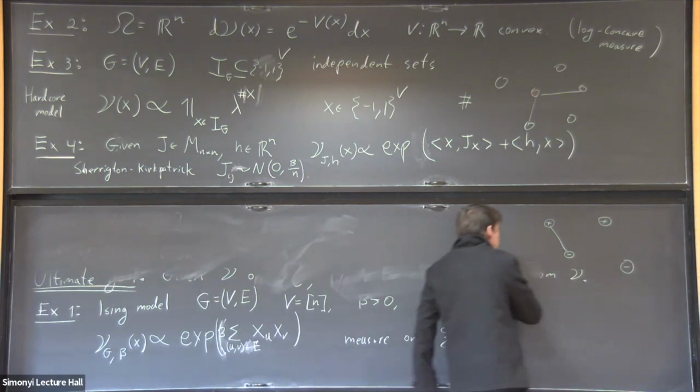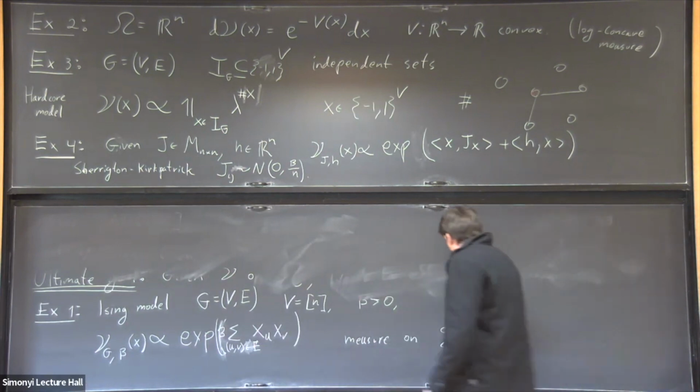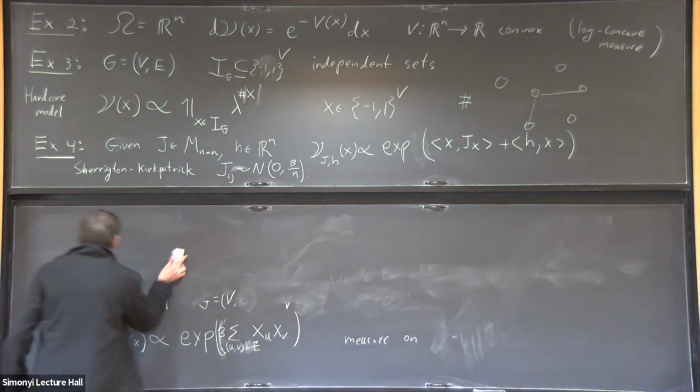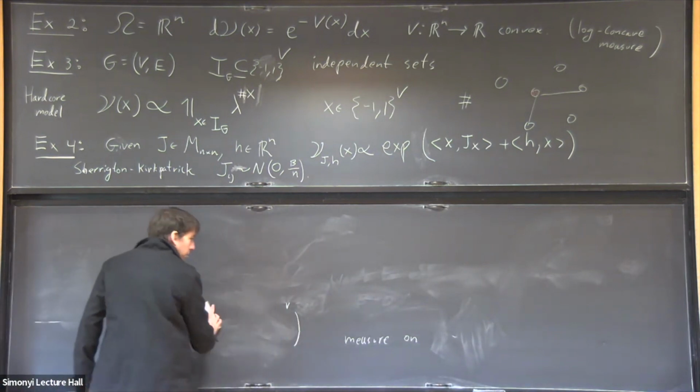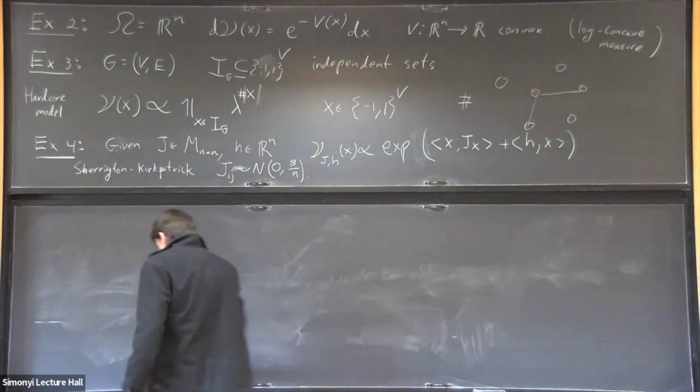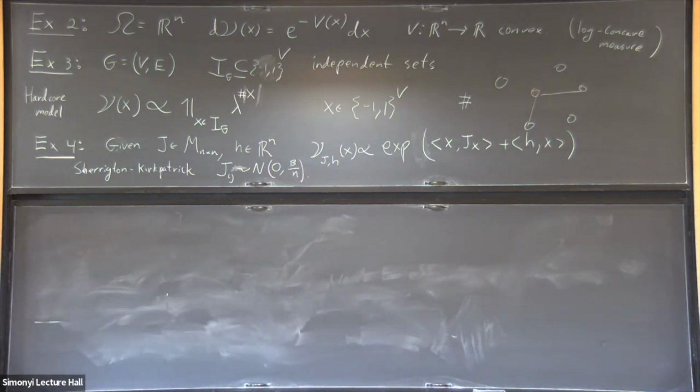So what's the most common paradigm about how you actually sample from these? Well, the most obvious thing to do is to try to use a Markov chain. Find a Markov chain whose stationary measure is the measure you want to sample from, and hopefully you can run the Markov chain for a time that's not too long, and what you'll have is more or less a sample from your measure.